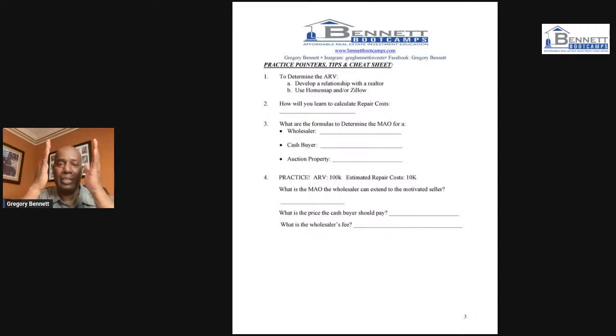So let's say the Zestimate is 150,000, but the way they got the Zestimate was they used some properties that were 100,000, but then also some properties that were 250,000 to come up with the Zestimate. The Zestimate is like the median number, and so the 250 for me would be my after repair value.